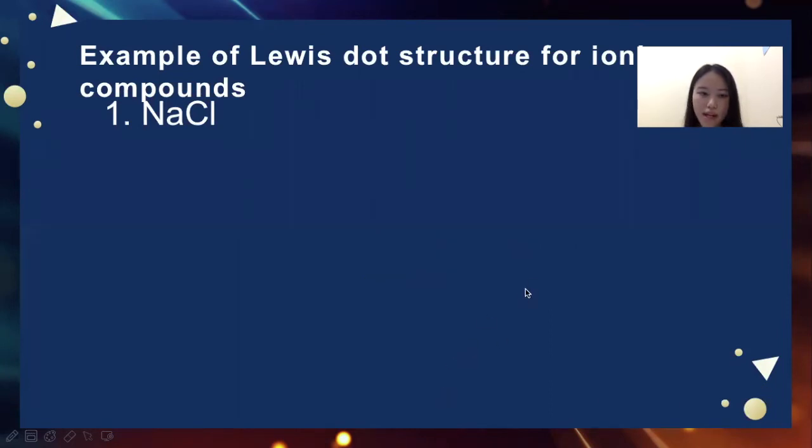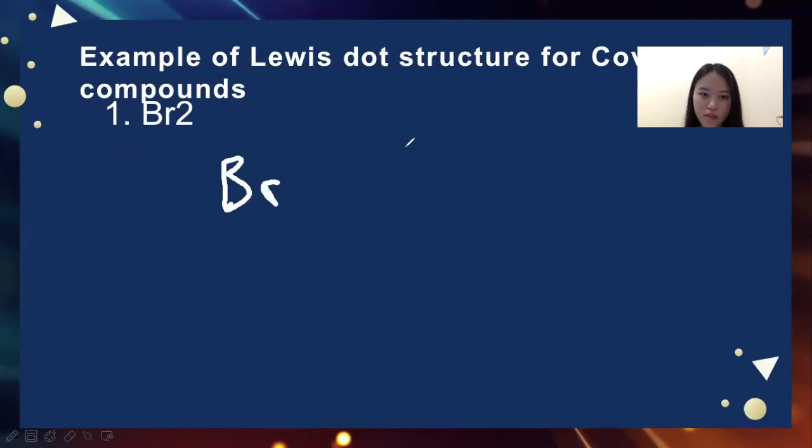And then the next question is an example of Lewis dot structure for covalent compounds. The same as before, we need to separate this since there are 2 bromine atoms. We need to figure out how many valence electrons from the periodic table.